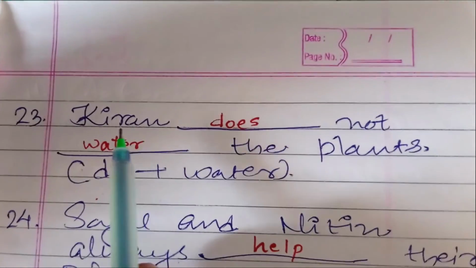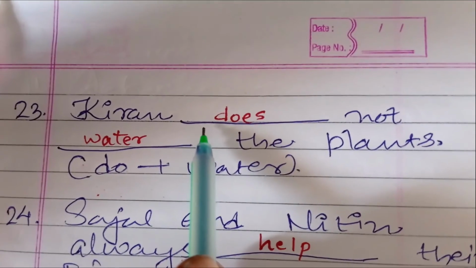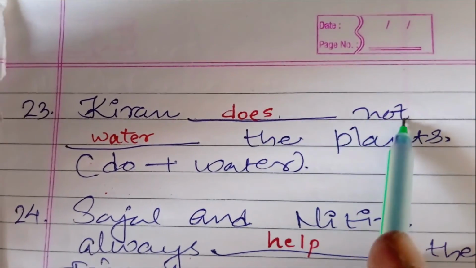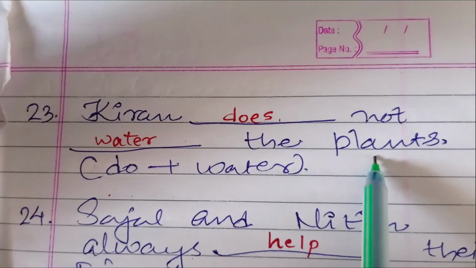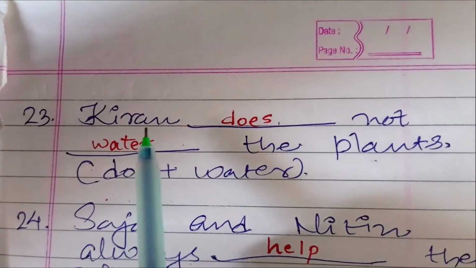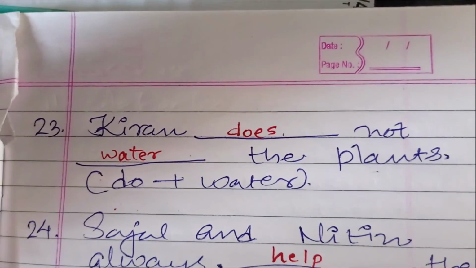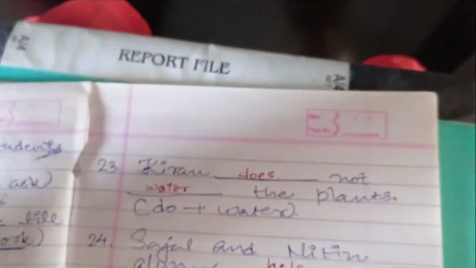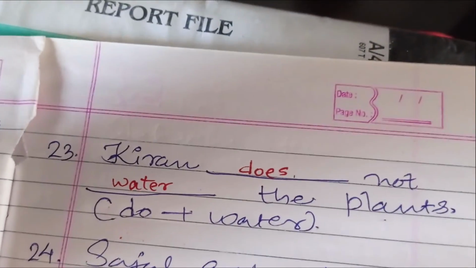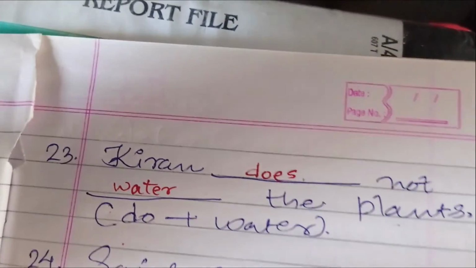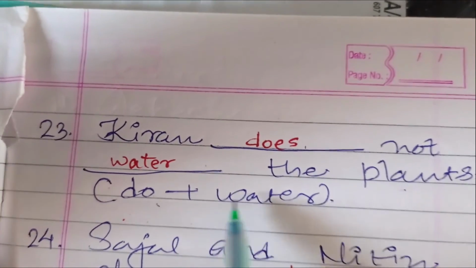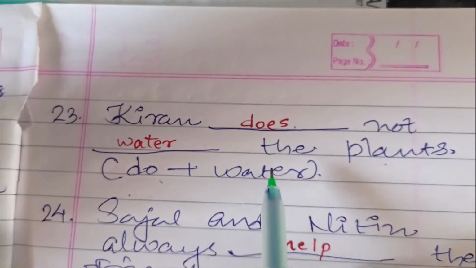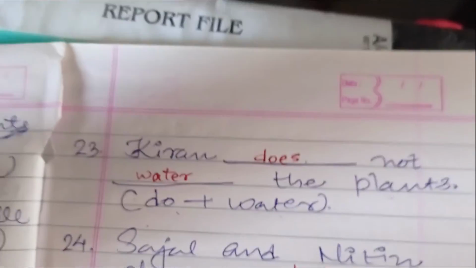Now, Kiran does not water the plants. We have to use the form of do plus water.